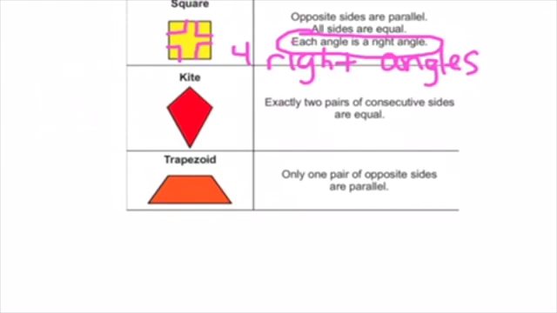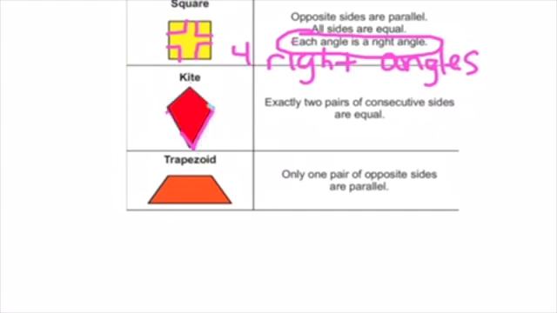A kite has exactly 2 pairs of consecutive sides that are equal. That means these 2 sides are equal, and then the top 2, rather than the opposite, because we know that this would be the opposite of that one, and we know those are not the same.